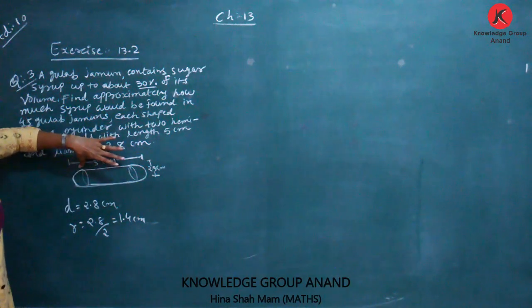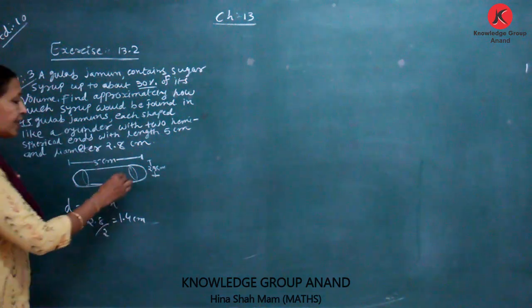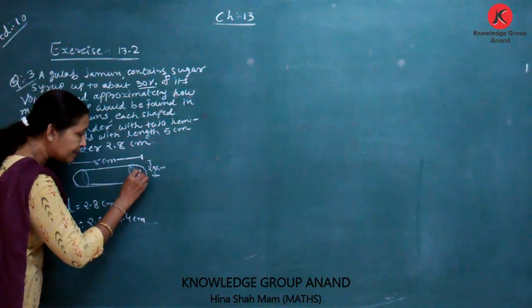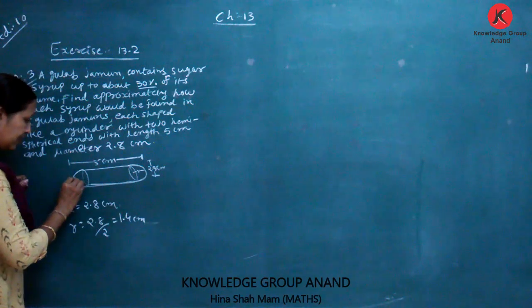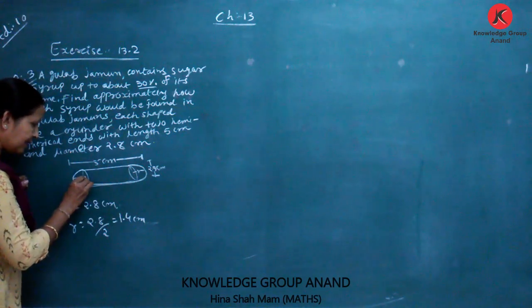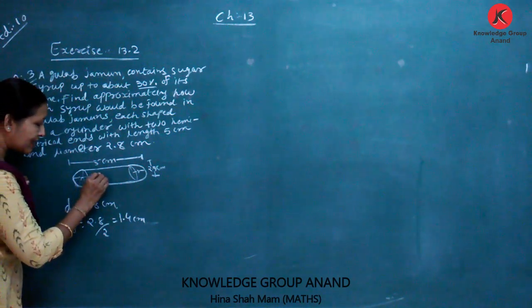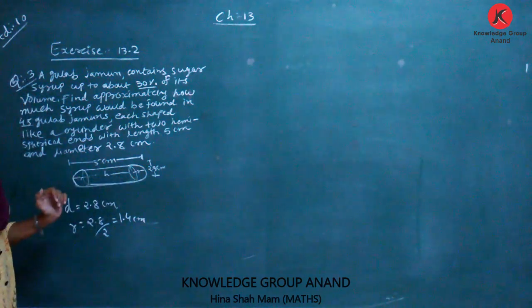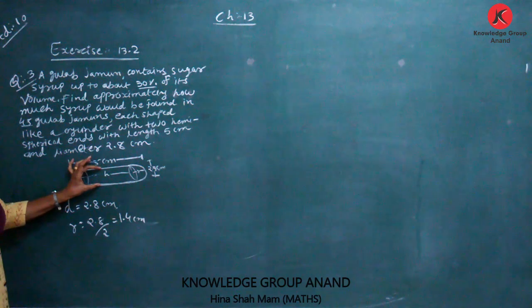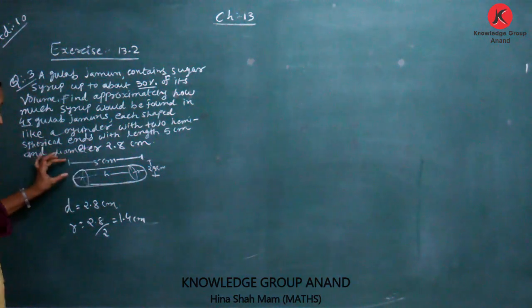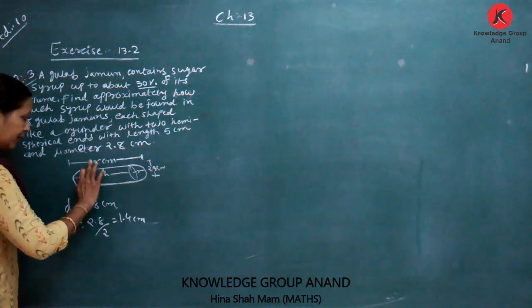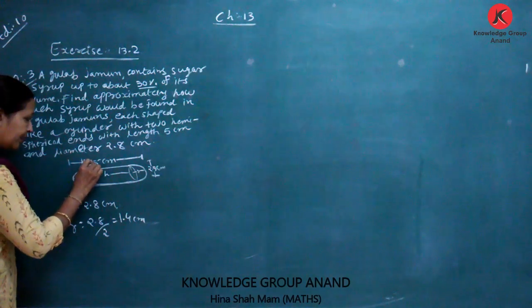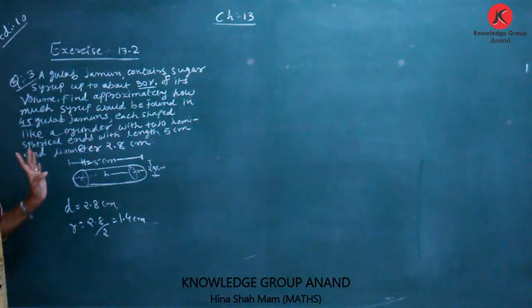Here the total height is equal to 5 cm. This is its radius, and this is the height of the cylinder. Height of the cylinder is denoted by h. Total height is equal to 5 centimeter.